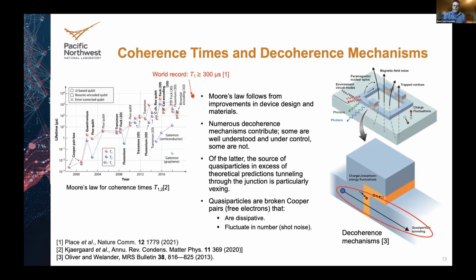We just don't understand why there are so many of them. But what they do is, when they tunnel through, they can exchange energy, actually driving transitions of the qubit. And also, if you do a measurement that involves averaging, the number of quasi-particles that do that will tend to fluctuate, giving rise to what we call shot noise.